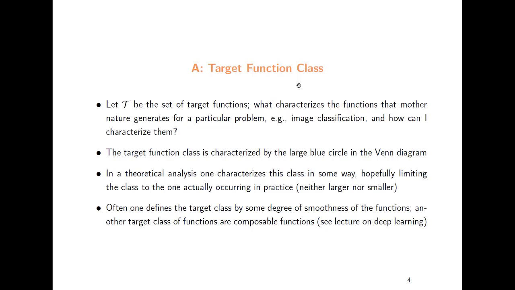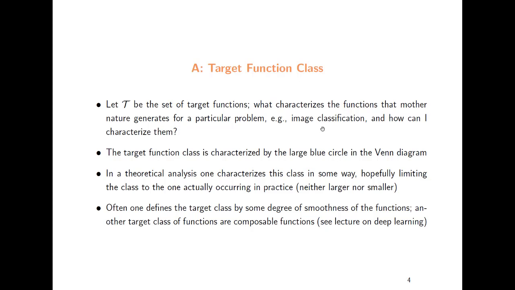So there are some smaller sets of functions which are realized by nature, and the art in machine learning is really to use the right functions for your models for the problems at hand.